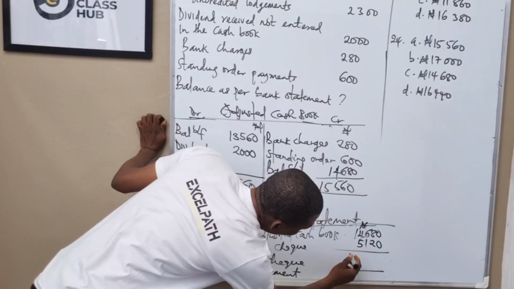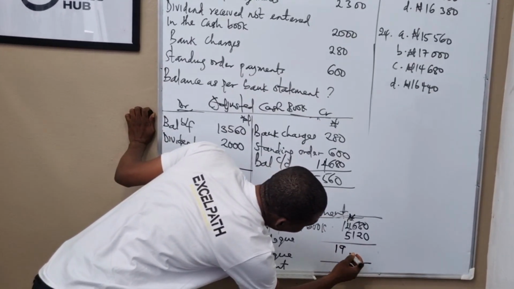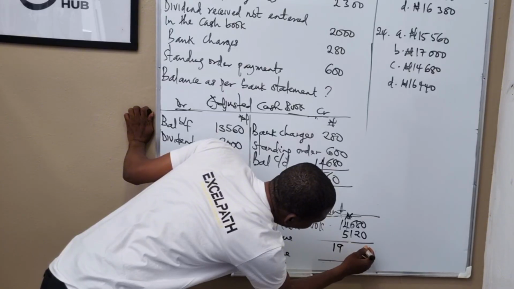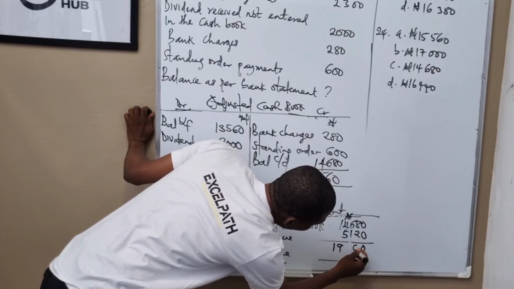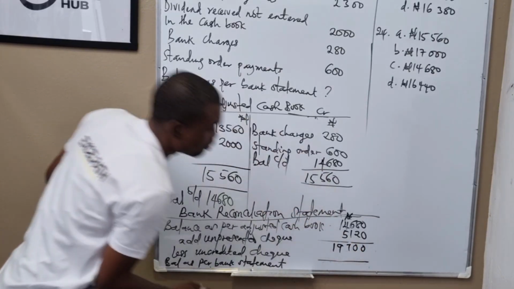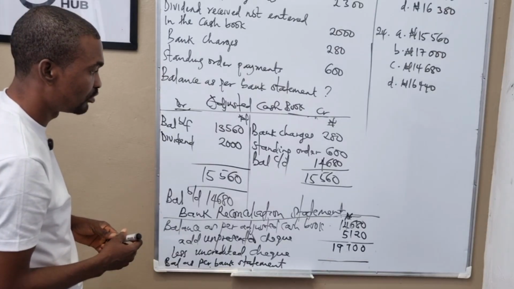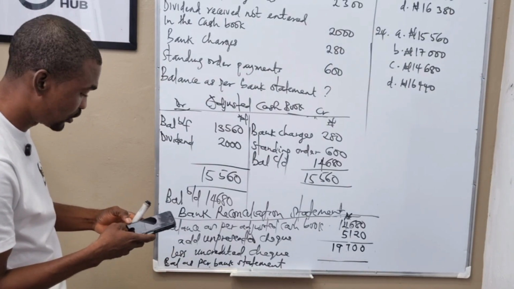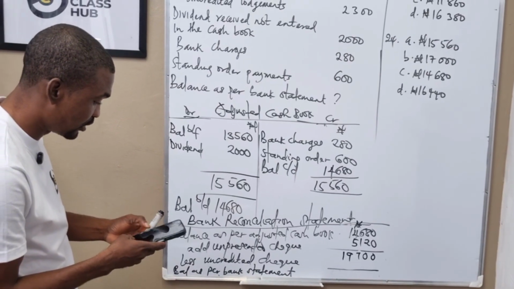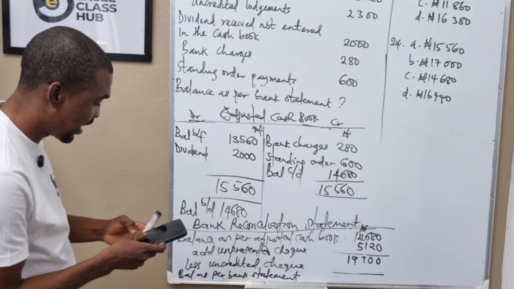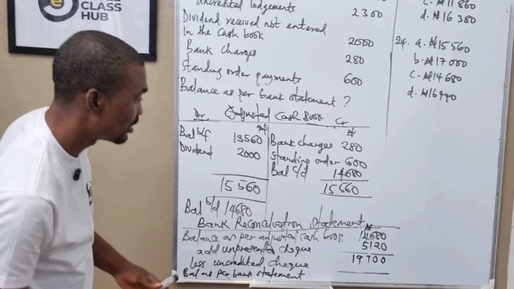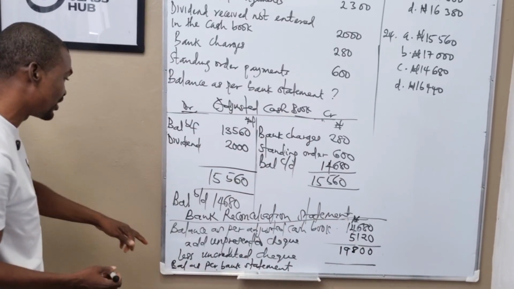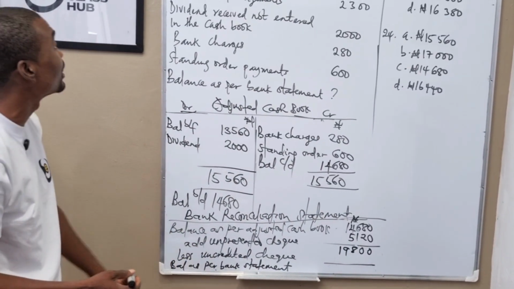So this will give us 19,800. Let's look at it. 14,680 plus 5,120. Yes, that's 19,800. So the next thing, we subtract our uncredited check.